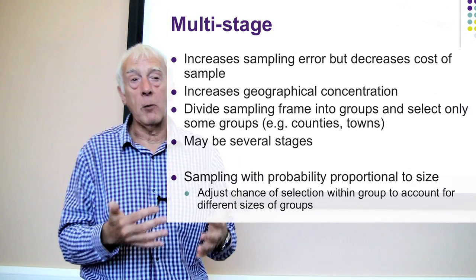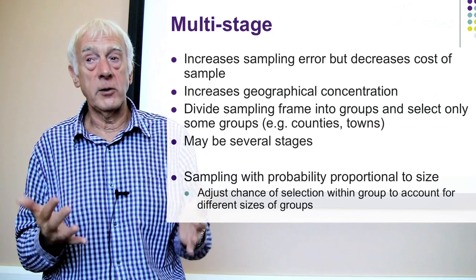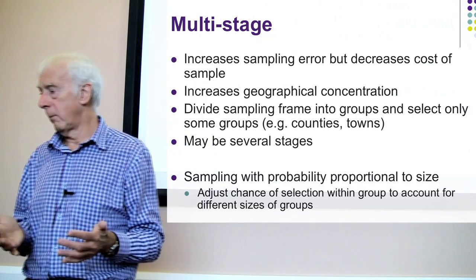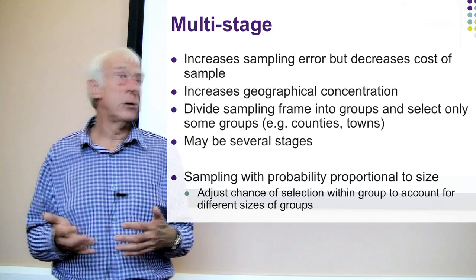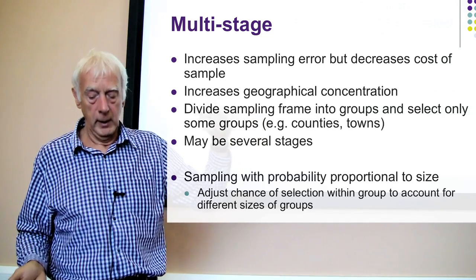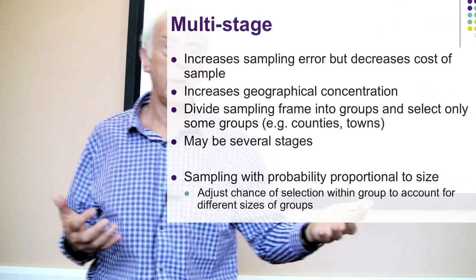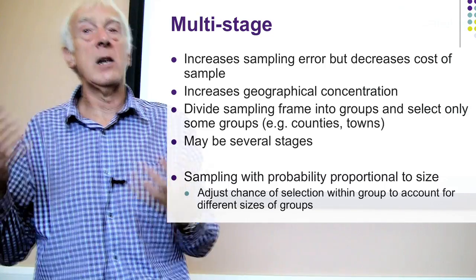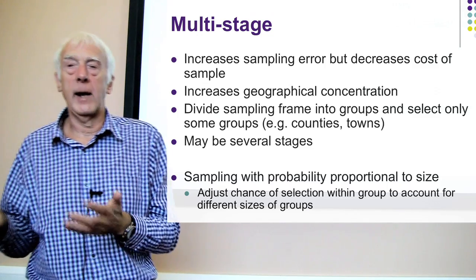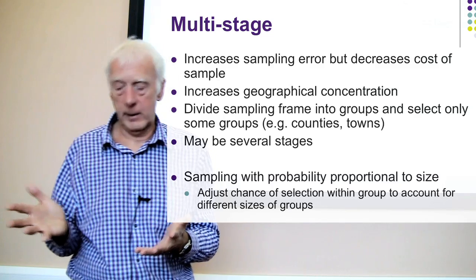At each stage you're picking at random, no human choice involved, so it is still a random sample. It does increase the sampling error, and you can do it with probability proportion to size too, and that's often important. If you happen to have chosen in your counties Greater Manchester, that's very big compared with a smaller county like, I don't know, Cornwall or something like that.